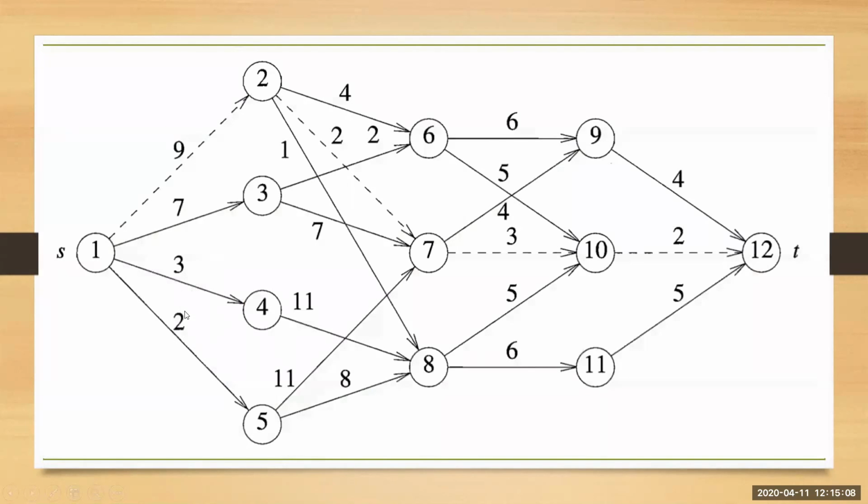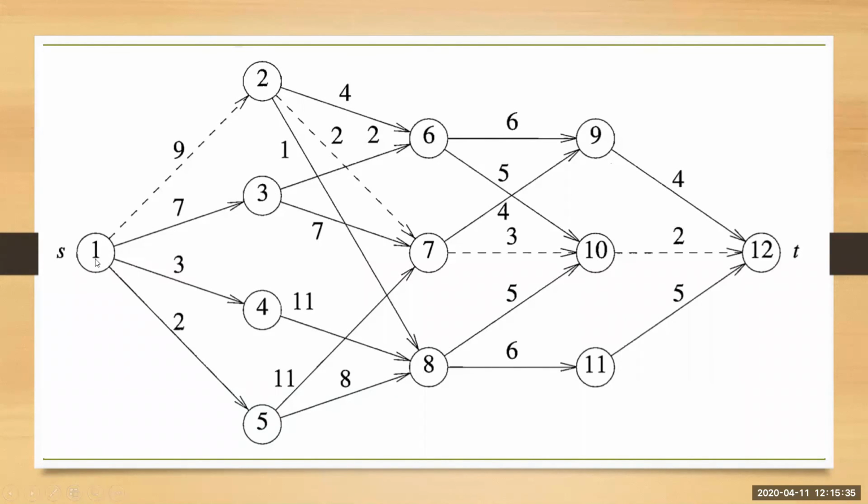Now there will be 4 entries. It is the min of C of 1 comma 2 plus cost of 2 comma 2. Why 2 comma 2? The first 2 refers to the second stage and the second 2 refers to the vertex number. Then C of 1 comma 3, that is 7, plus cost of 2 comma 3.